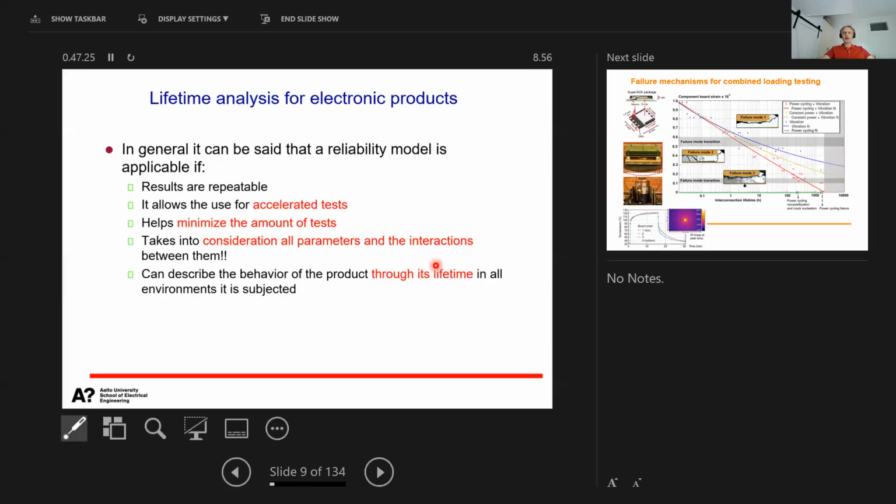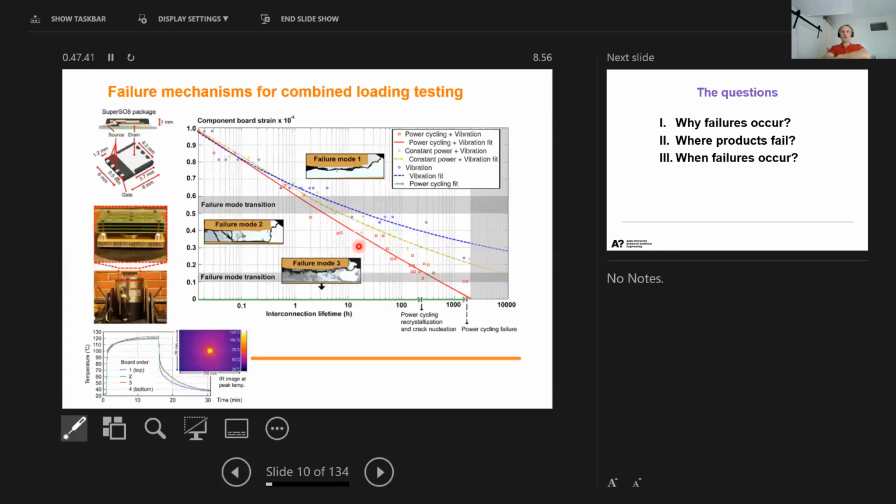So I wanted to finalize this part by giving an example on this, what are the challenges related to this kind of combined loading conditions. So an example which we are coming back to later on.